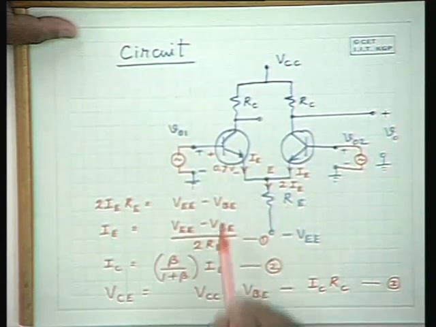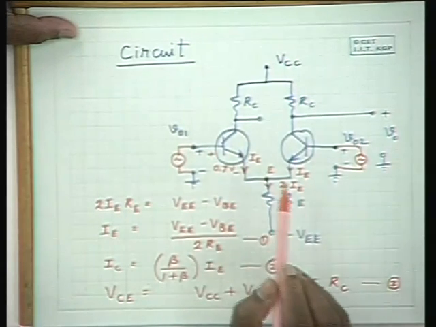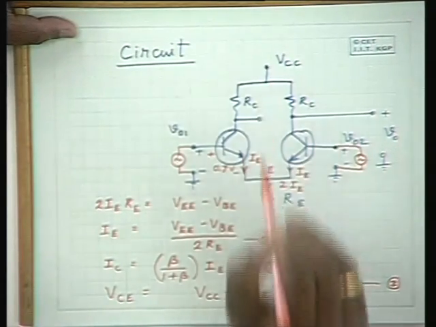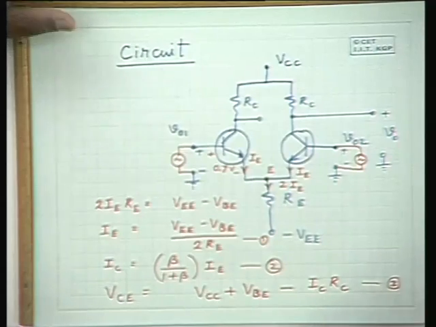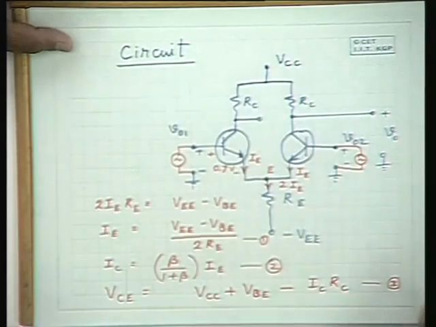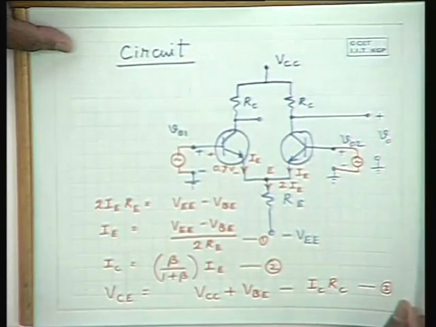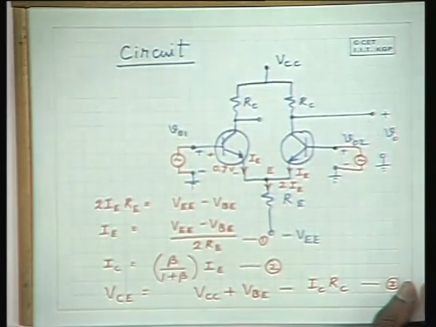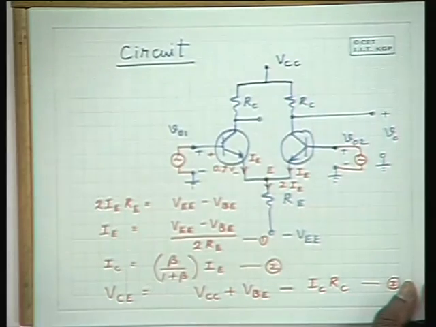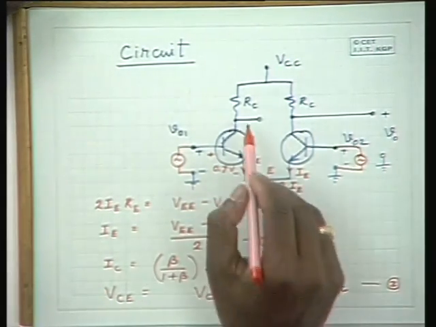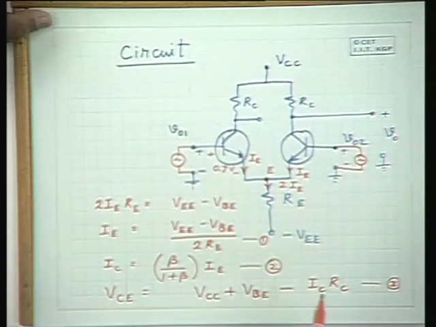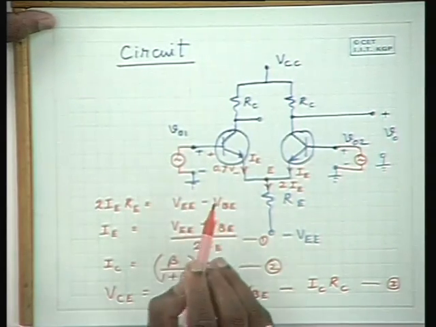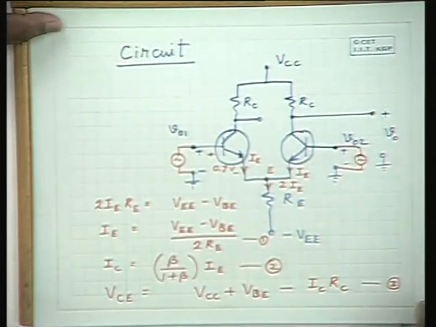Similarly, given the quiescent point, we can design the circuit, that means find out RC and RE given the supply voltages and the quiescent point, or we can also select the supply voltages and determine the RC and RE. This is what the DC circuit analysis is, which gives us the operating point of the transistors. We typically operate the transistors in the active region so that it amplifies the input signals.